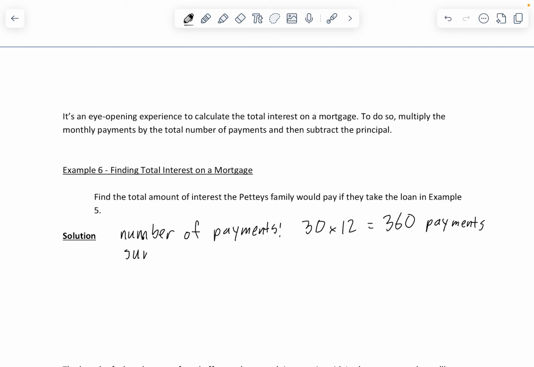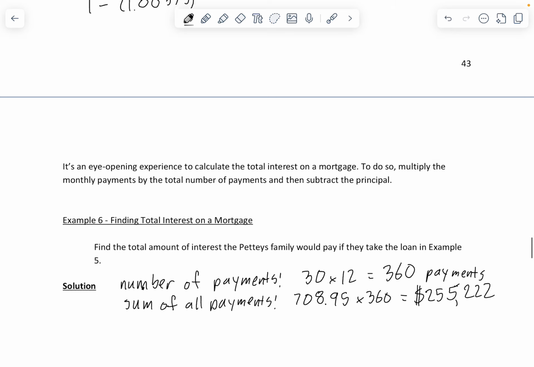So the sum of all payments, that would be the monthly payment size, $708.95, times the 360 payments, and that works out to be $255,222.